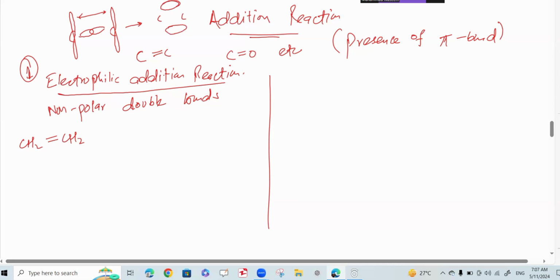This pi bond has the electrons above and below the axis of nuclei, while the sigma bond has them on the axis of nuclei. That's why sigma is stronger, and the density of a pi bond is above and below the axis of nuclei. So in this way these electrons are exposed. That's why they react.